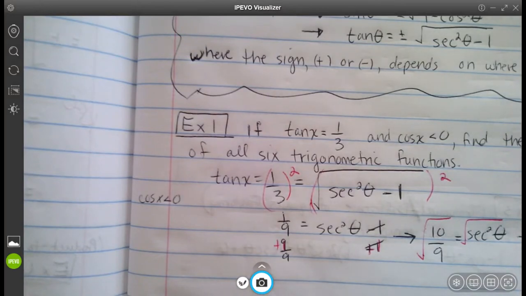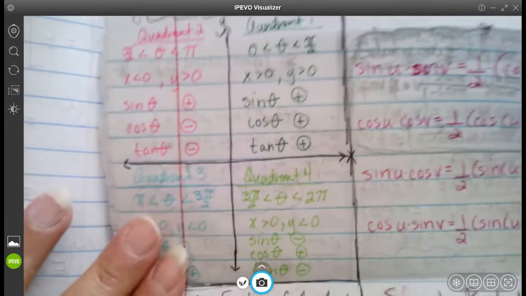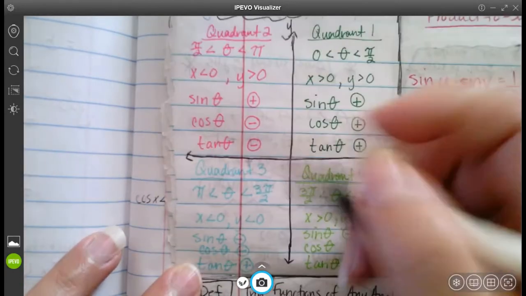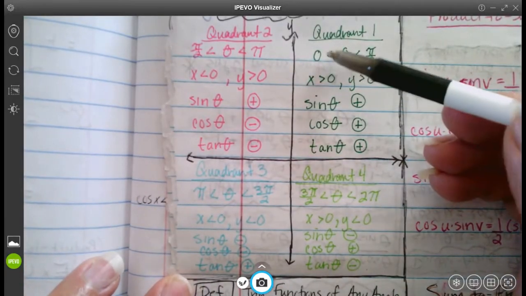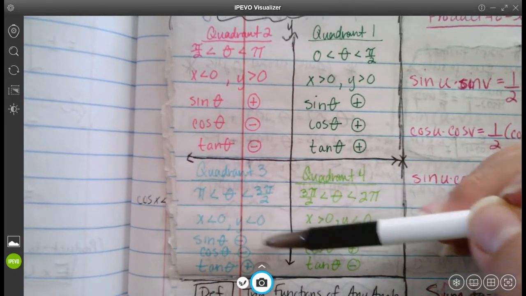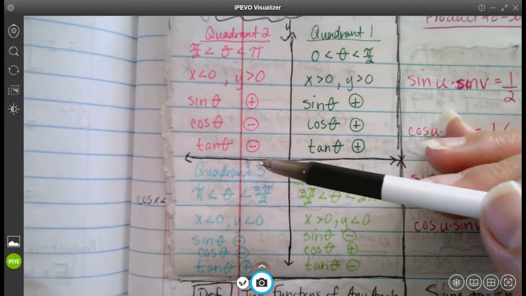I believe we have this in tab number 3. If you look at tab number 3, it shows you up at the top where everything is positive, negative, and all that. Cosine is negative in quadrant 3 and quadrant 2. Just think about where x is negative.